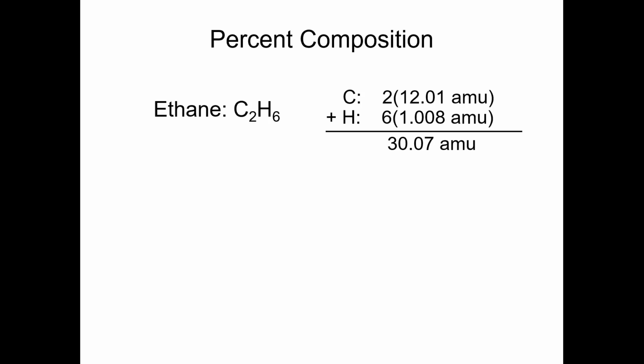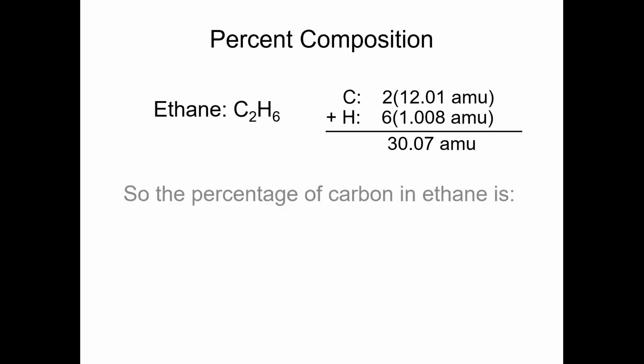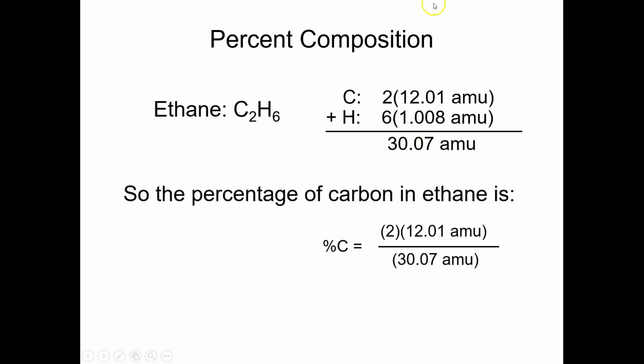And so going back to ethane, in which we calculated that the molecular weight is 30.07 AMU, suppose I wanted to figure out how much carbon there is in an ethane molecule, what percentage by mass of an ethane molecule is carbon? I'm going to take the first part of that calculation, which is 2 times 12.01 AMU, and now I'm going to divide that by 30.07, which is the total weight.